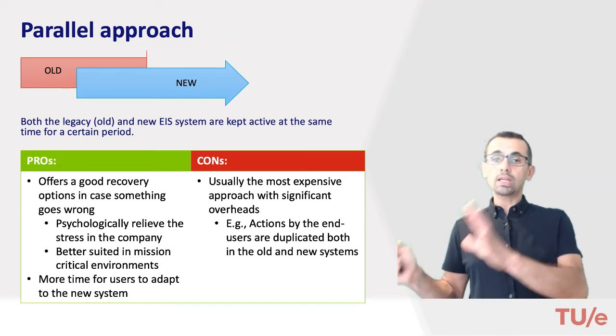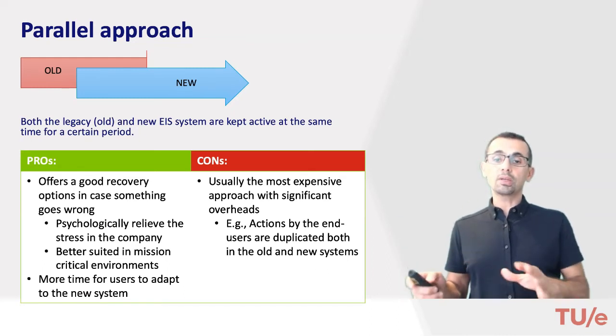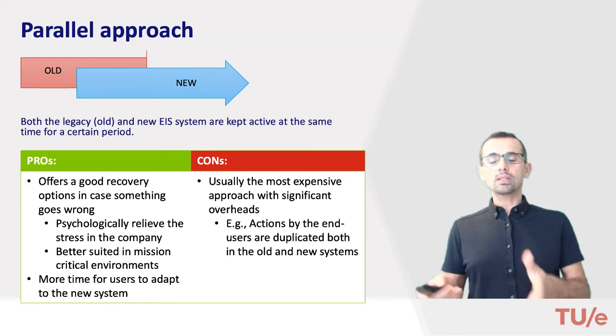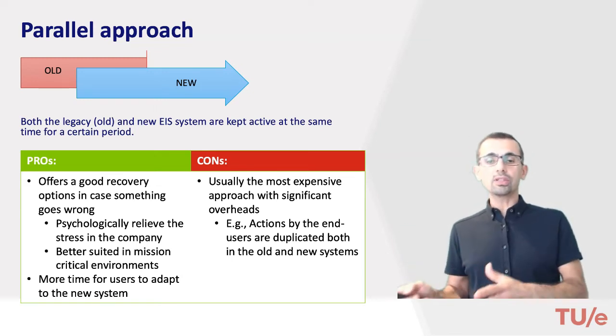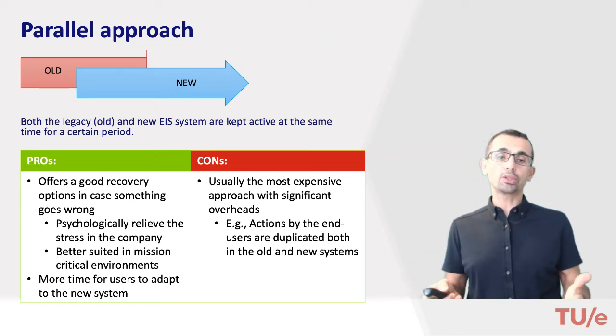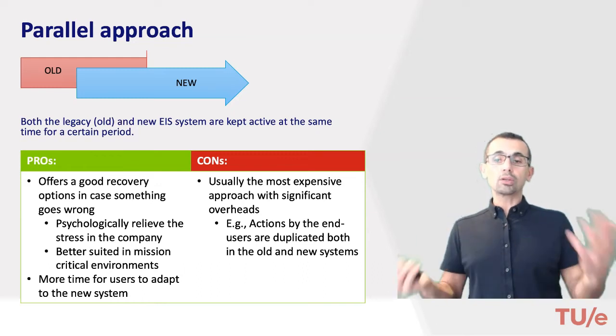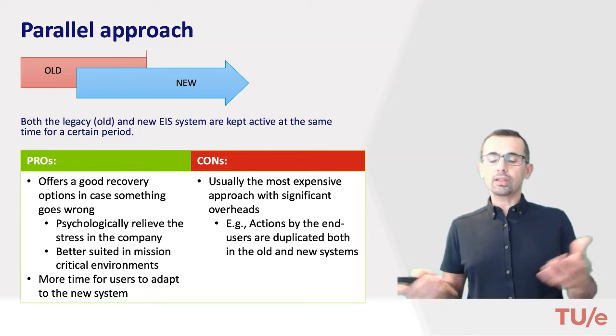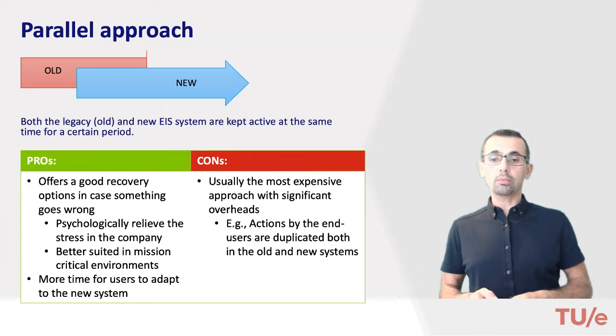Let's start with the advantage. The biggest advantage of this approach is that it offers good recovery options in case something goes wrong, which in fact psychologically relieves the company a lot.